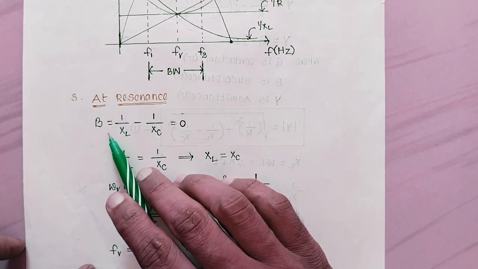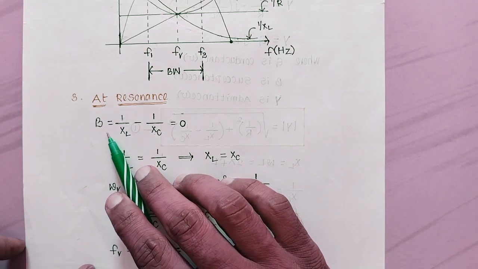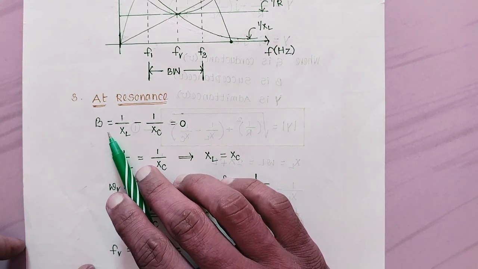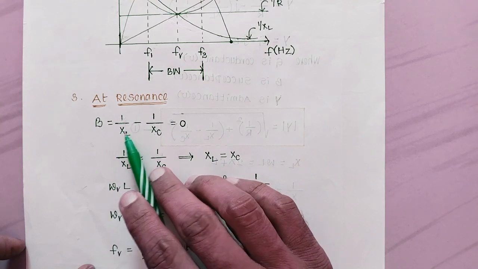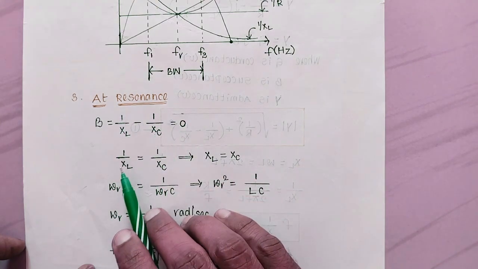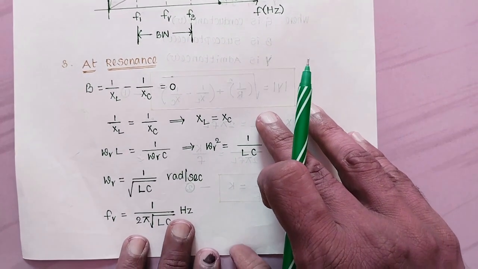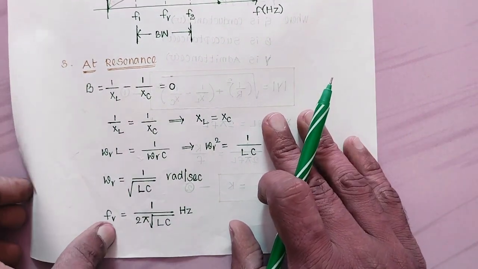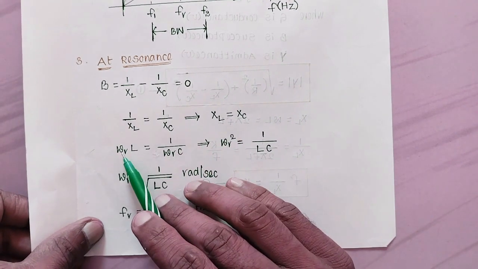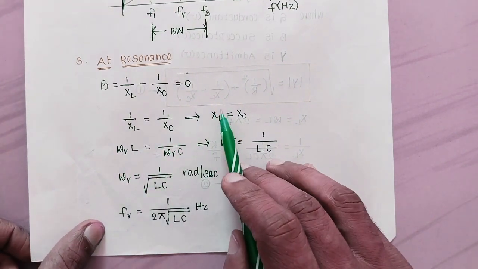Here, the reactive part of the admittance is susceptance and the real part is conductance. So 1 by XL equals 1 by XC, which means XL equals XC at resonance.